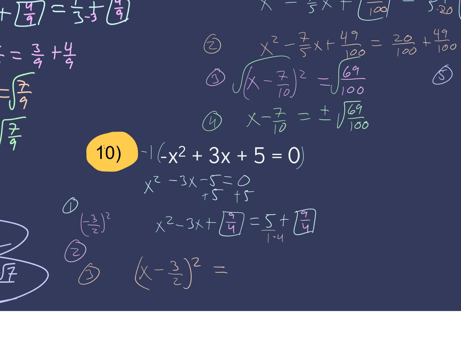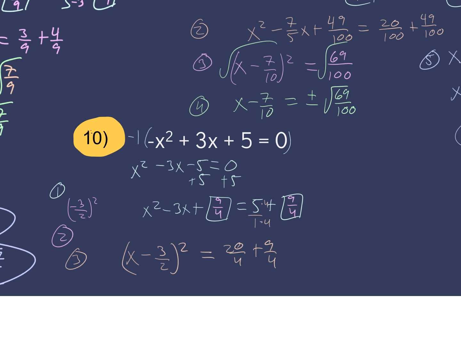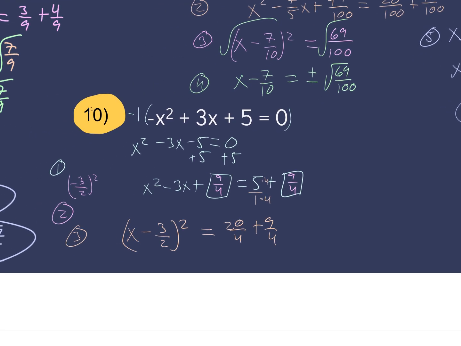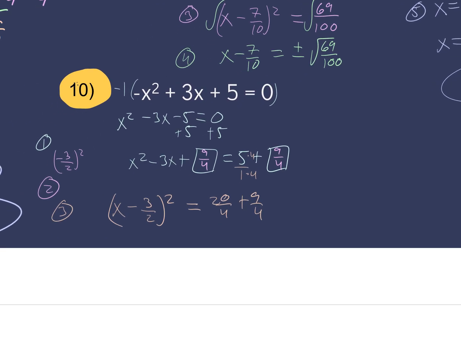With this one, we can multiply 4 on the top and the bottom. So we should get 20 over 4 plus 9 over 4. All right, the fourth thing we want to do, or I'll continue simplifying this a little bit. So this is going to be x minus 3 over 2 squared equals, and then 20 over 4 plus 9 over 4 is going to be 29 over 4.